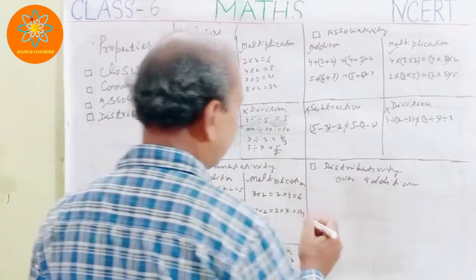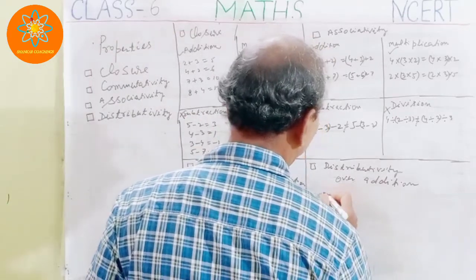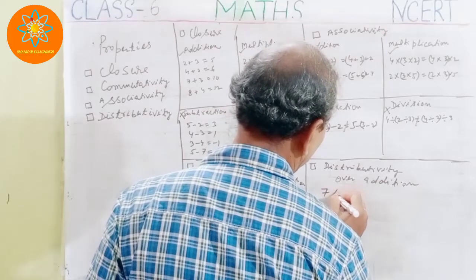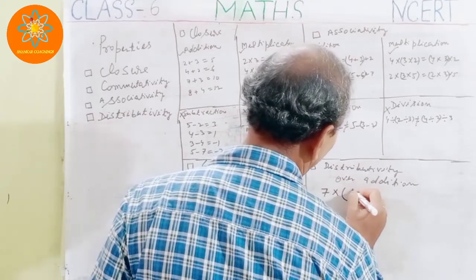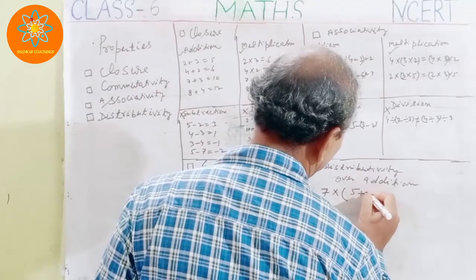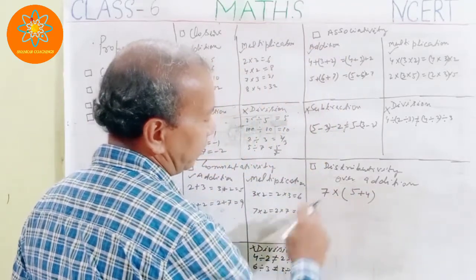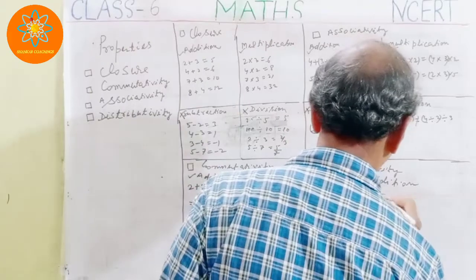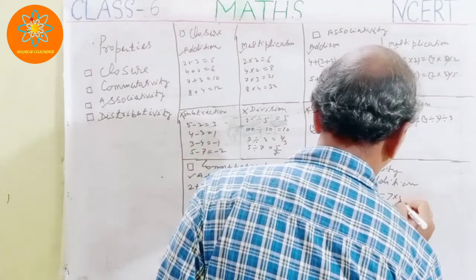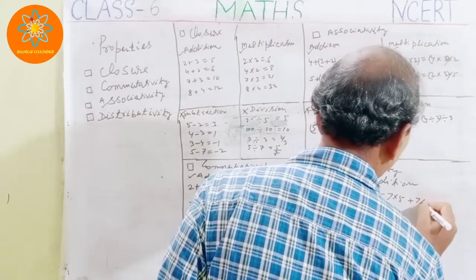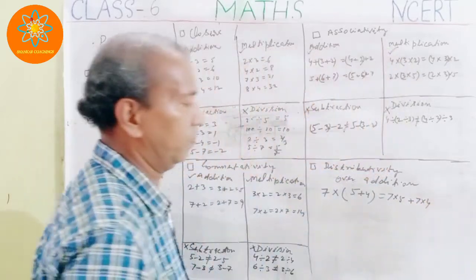I am taking one example. Let's suppose 7 multiplied by 5 plus 4. Distributive property over addition. So this is equal to how much? 7 into 5 plus 7 into 4.